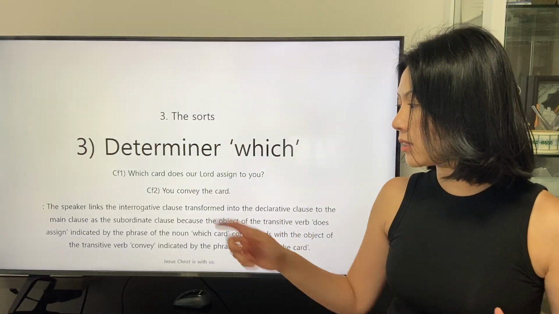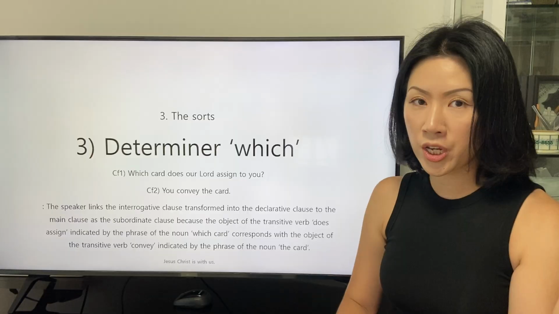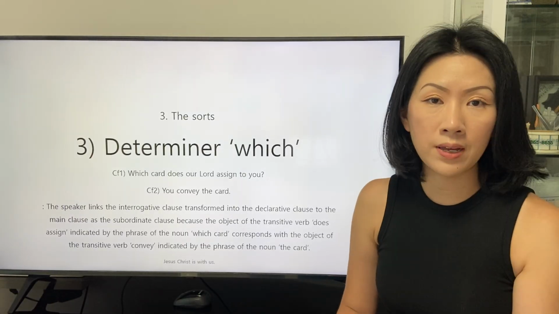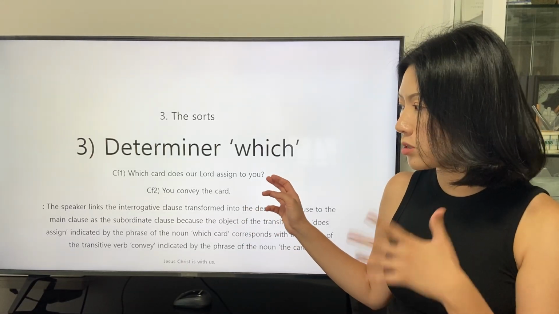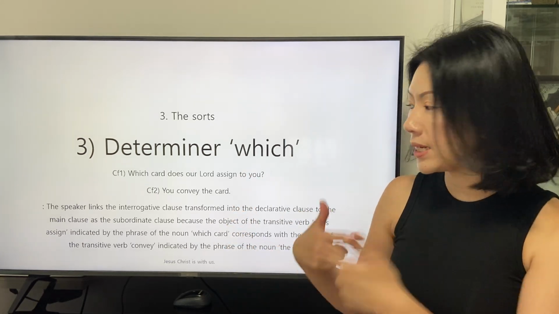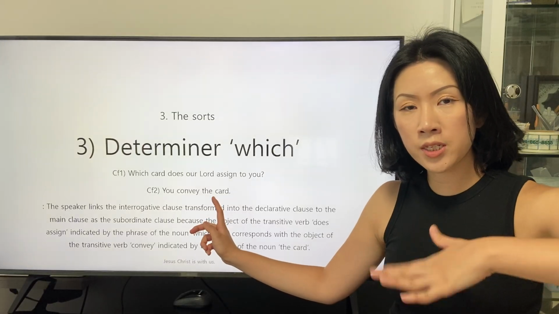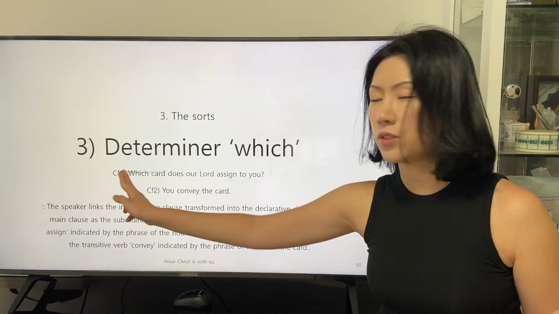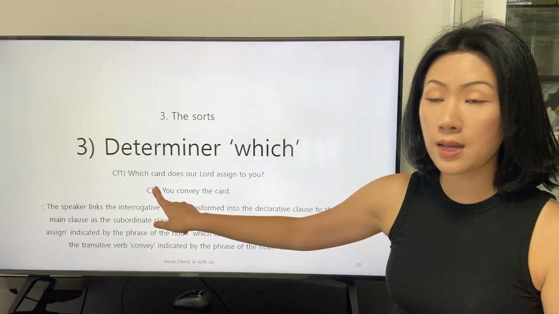And the speaker finds that the card and which card in the first clause are the shared indication. Then the speaker does not have any inquisitive intent in the first clause, so the speaker integrates the two clauses while replacing the card, the shared indication in the main clause, by the entire first clause that became the declarative statement.